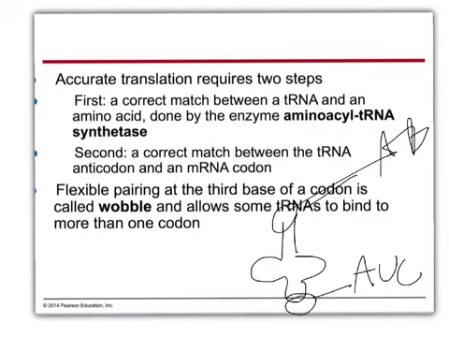All right, so in that third position, here's your codon, say CGC. What's the anticodon going to be? GCG, and that would be the correct base pairing.